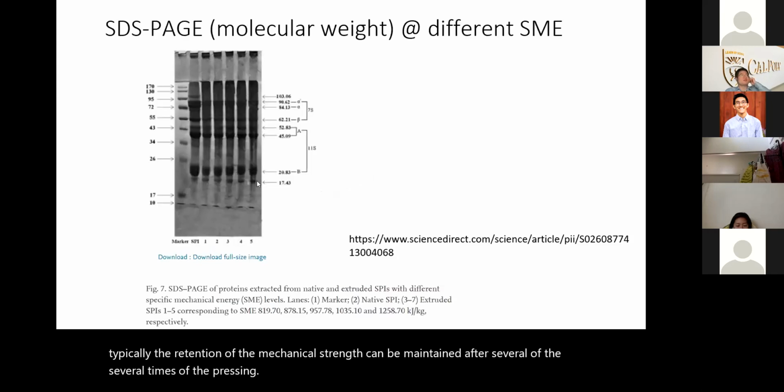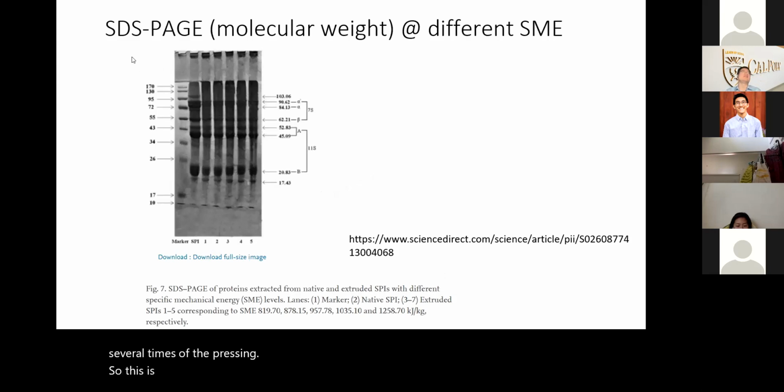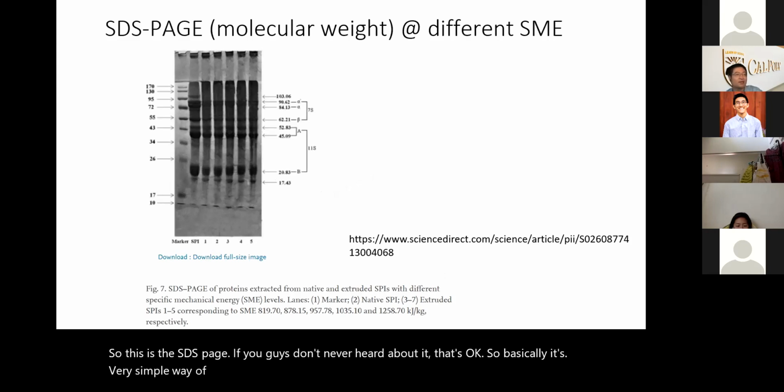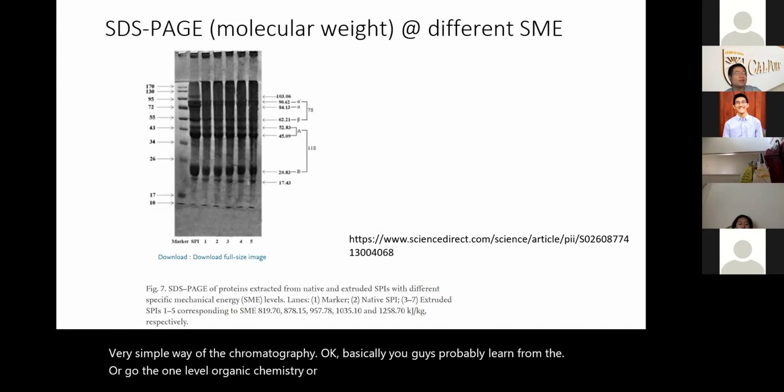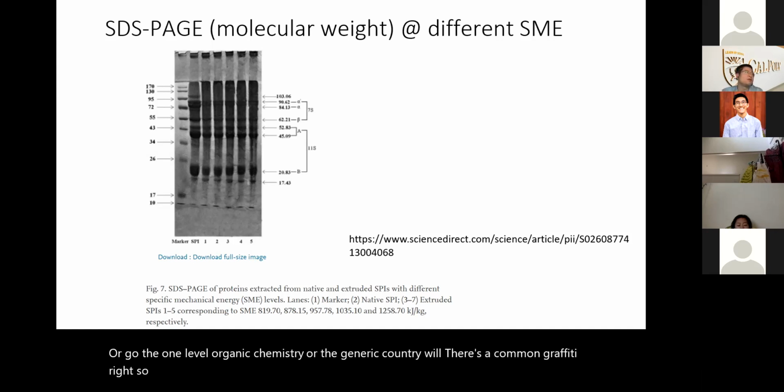So this is the SDS-PAGE. If you've never heard about it, that's okay. Basically, it's a very simple way of doing chromatography. You probably learned from organic chemistry or general chemistry that in chromatography, the larger molecules run a little faster than the small molecules.